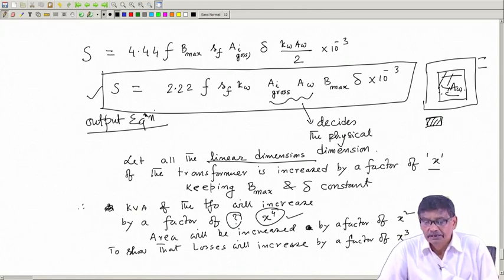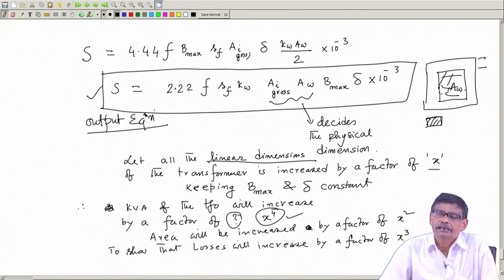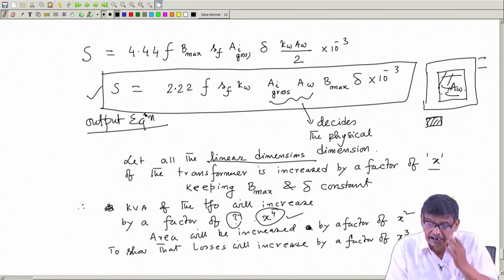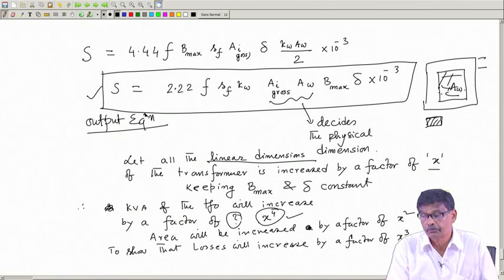Now, you imagine that these are the physical dimensions A I, A W, etc., that along with the specific magnetic loading and electric loading decide the kVA. Now, imagine I will increase all the linear dimensions by a factor of x, x is suppose greater than 1. Then what will happen is this, the areas will increase by a factor of x square.